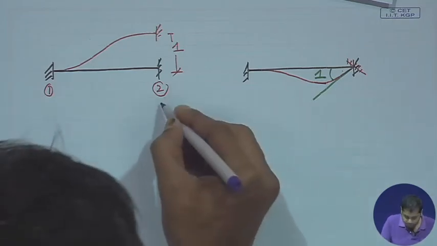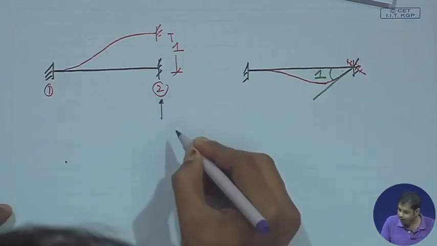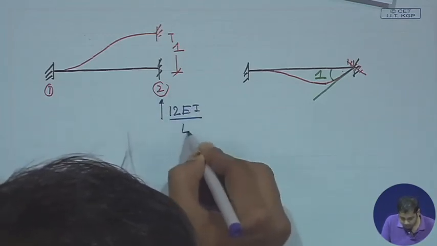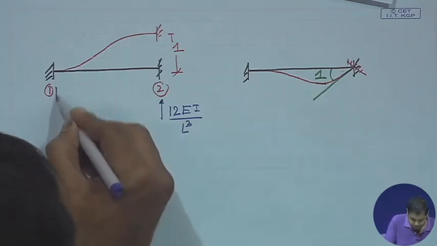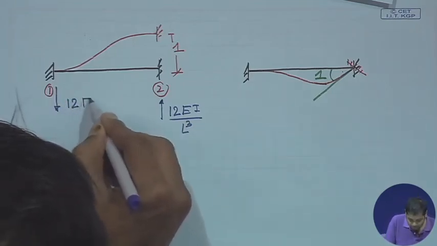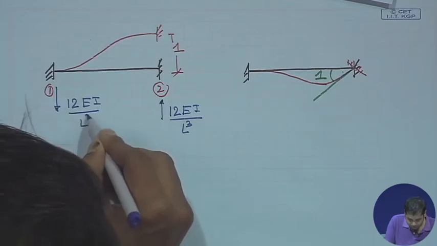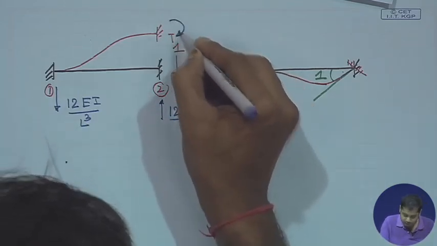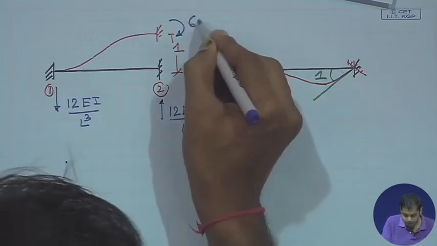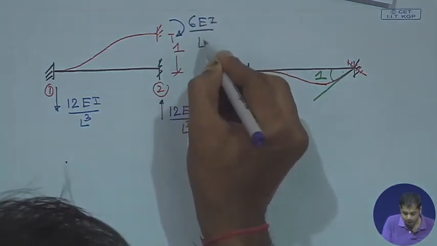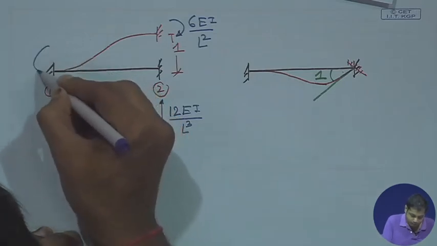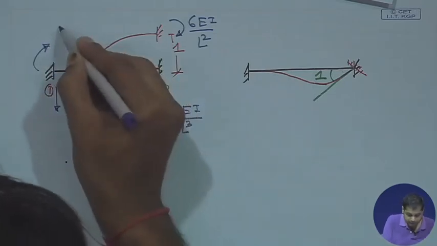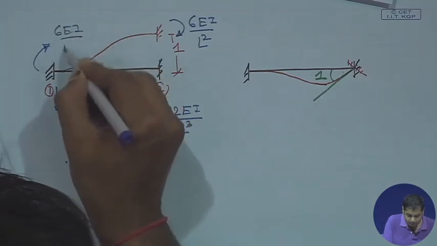For this we have a reaction force here, which is 12 EI by L cube, and the corresponding reaction here will be 12 EI by L cube, and this will generate a moment in this direction, and this moment will be 6 EI by L square, and the corresponding moment in this direction will be 6 EI by L square.